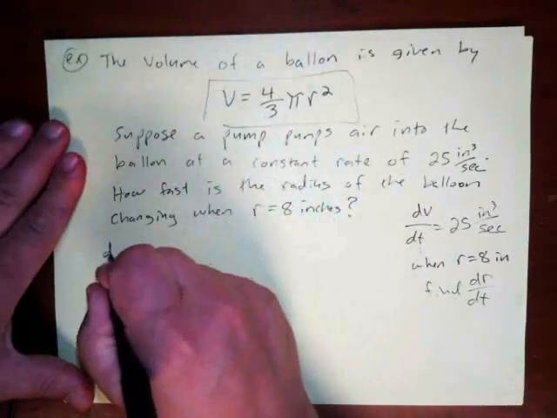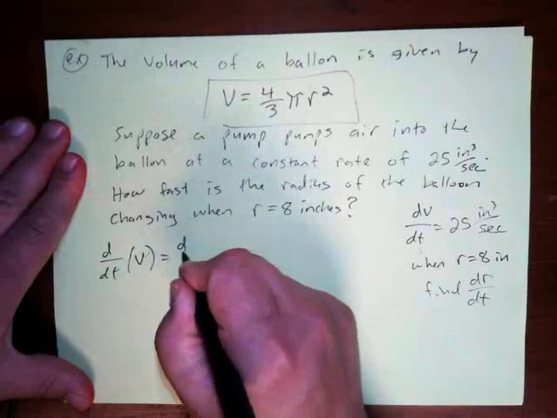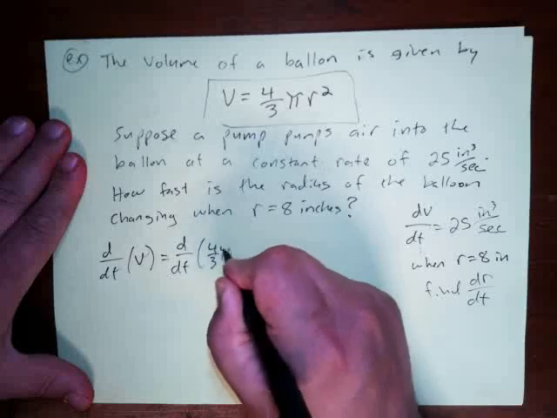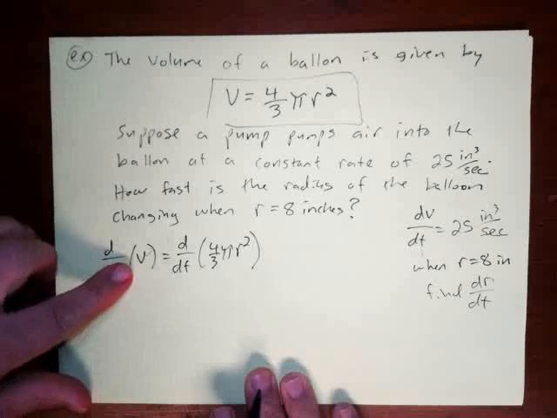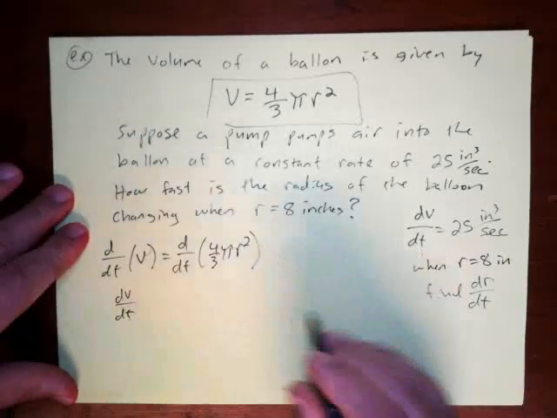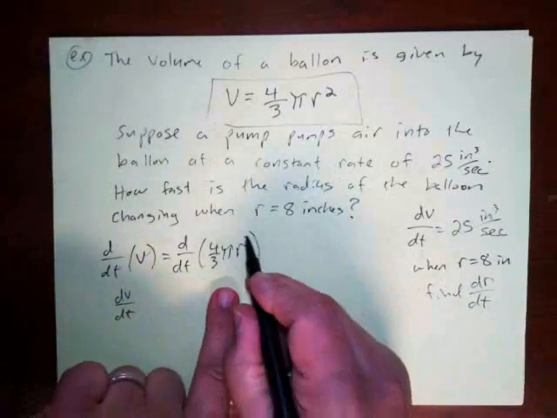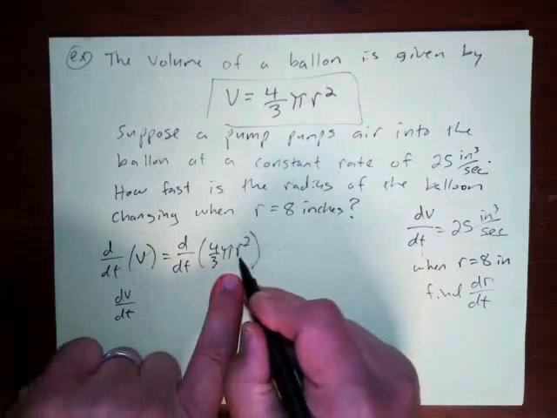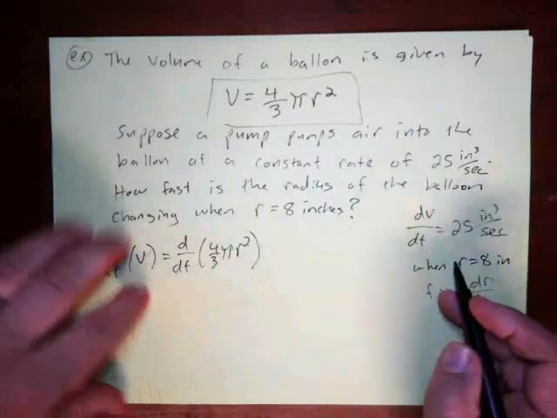So I'm going to take the derivative with respect to t of both sides of the equation. Okay, so this is just going to be dV/dt. Now I'm going to take the derivative of the outside function. So this is like r being inside a power function, right? And the derivative of r is dr/dt.